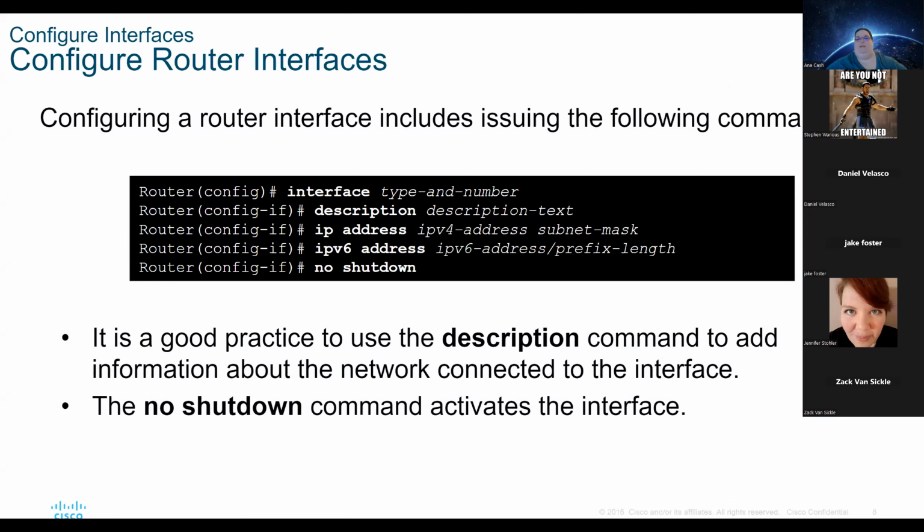Configuring a router interface includes issuing the following commands. And there you have the interface, description, IP address, IPv6 address, and then the no shutdown command. It's a good practice to use your description command to add information about the network connected to the interface, and the no shutdown command activates the interface.